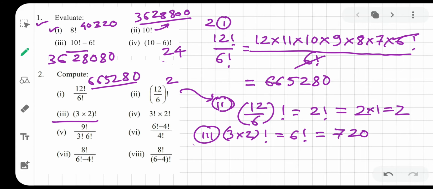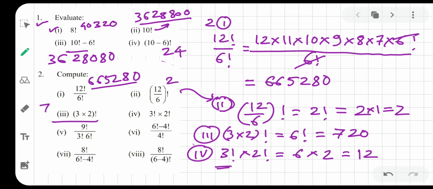I hope you know how to find it out now. The fourth one is 3 factorial into 2 factorial. 3 factorial is 3 into 2 into 1, which is 6, and 2 factorial is 2, so the answer is 12. Okay, so here the answer is 720, and here the answer is 12.